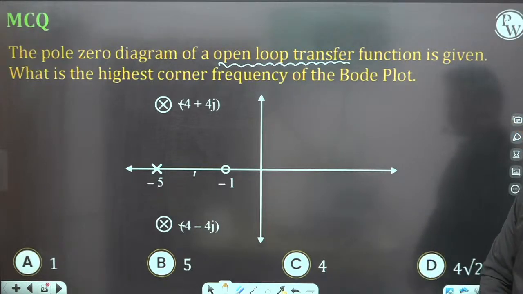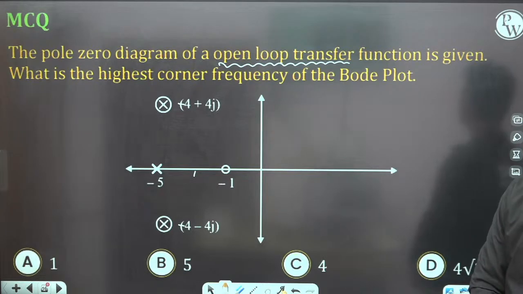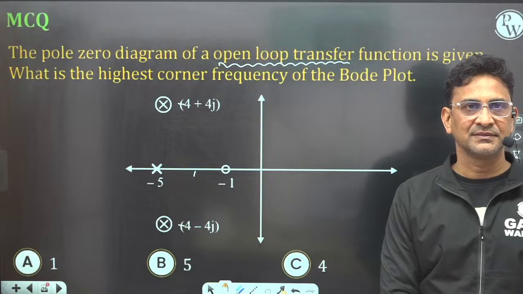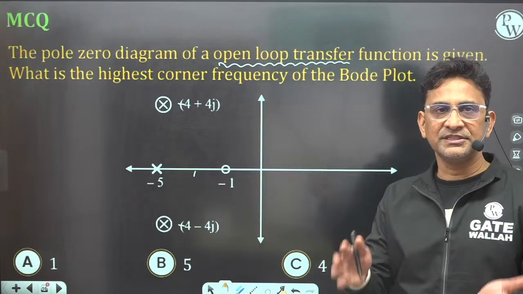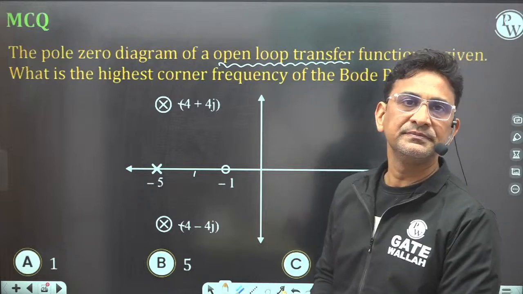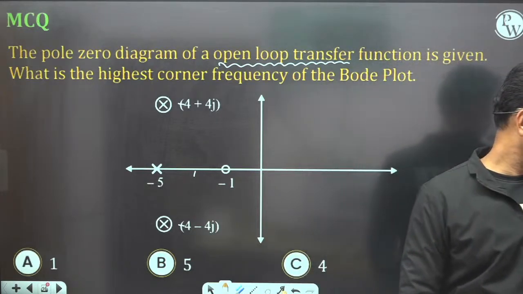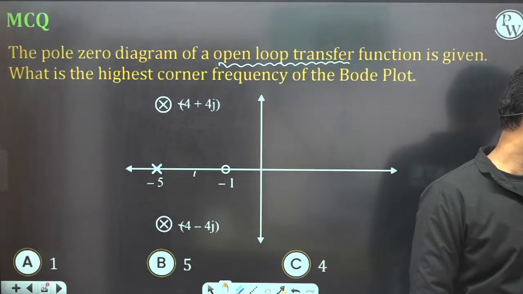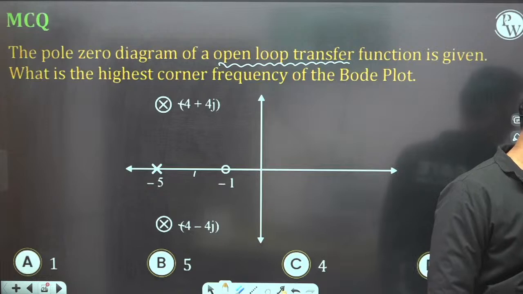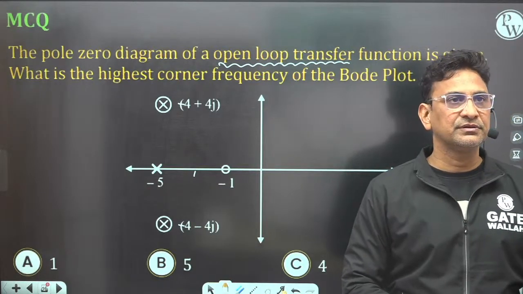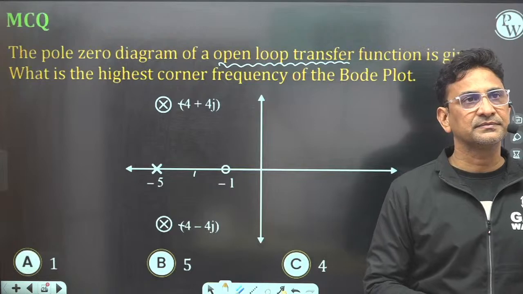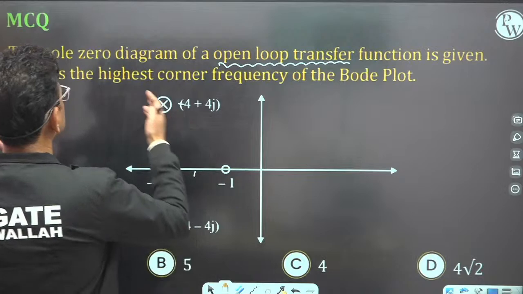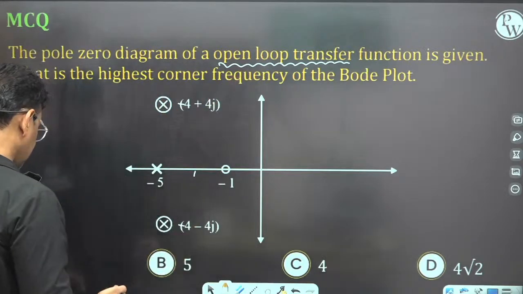Yes, this is a simple one. Corner frequency is the frequency at which the Bode plot changes its slope. Convert the open loop transfer function into a number of factors and find out the corner frequency related with each of the factors. So first let me find out the open loop transfer function, because this is the pole zero diagram of an open loop transfer function only.